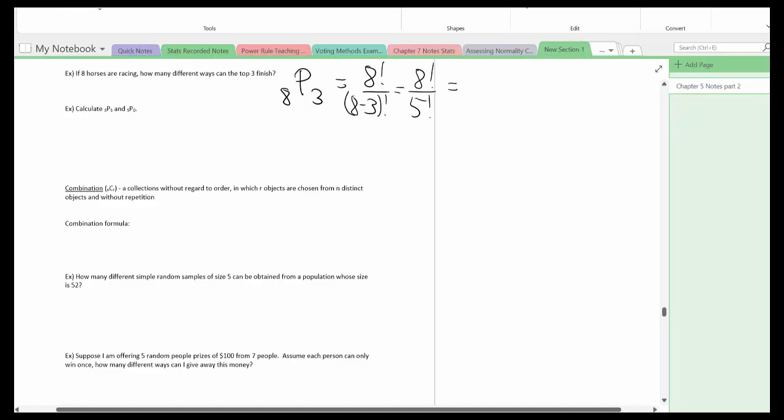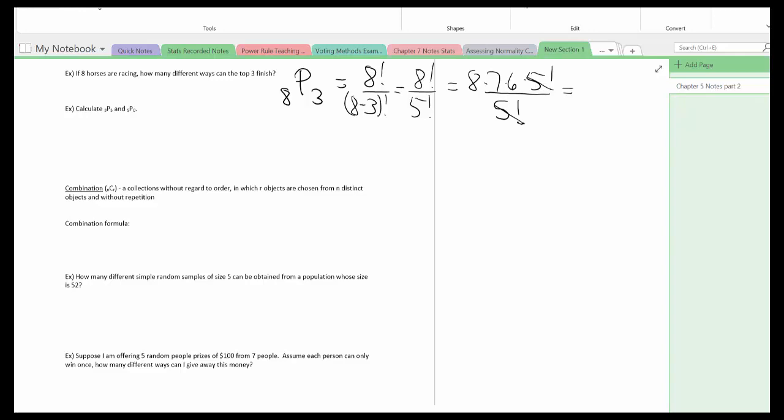Now, watch what I do here. This is the same thing as 8 times 7 times 6 times 5 factorial. Well, I have a 5 factorial on the bottom, so the 5 factorial on the top and the 5 factorial on the bottom can divide out, and 8 times 7 times 6 is equal to 336.